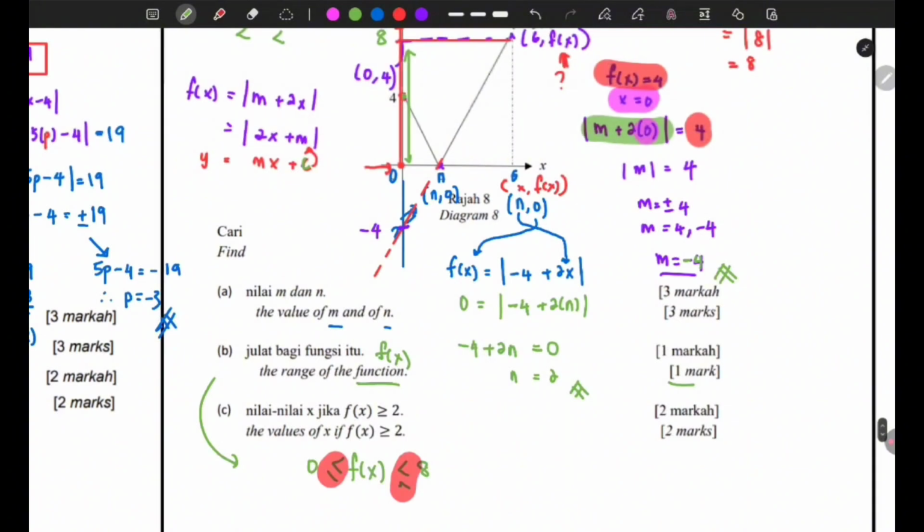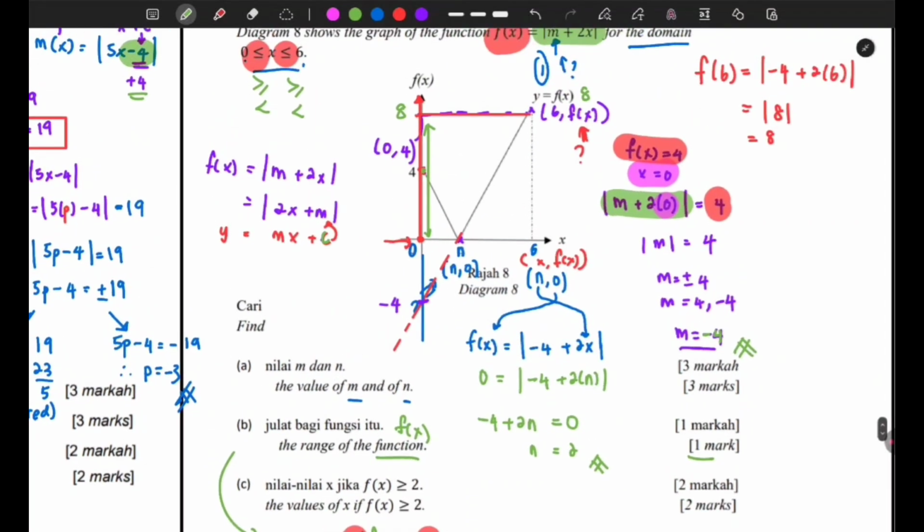You need to look at the maximum and the minimum, that's the range. For fx, the range of function means what? Fx, right? So look at the fx line. The minimum that the graph goes to is 0. It won't go below that because there's a modulus. Because of the modulus, you will only see the positive.